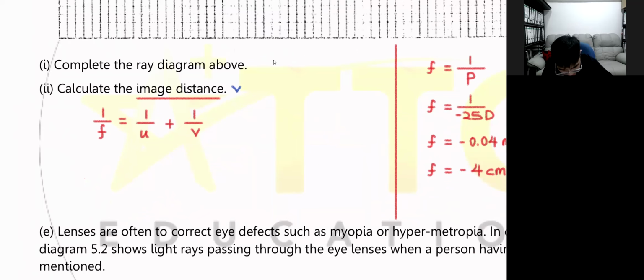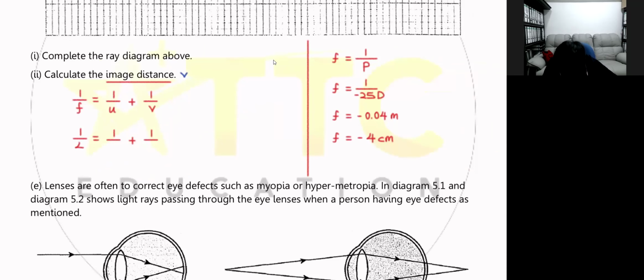So for this one, just sub in the values for F and U in order to find V. The F is the value we got just now, 4 cm. And don't forget, negative 4 cm, because you are using a concave lens, so the focal length automatically becomes negative.